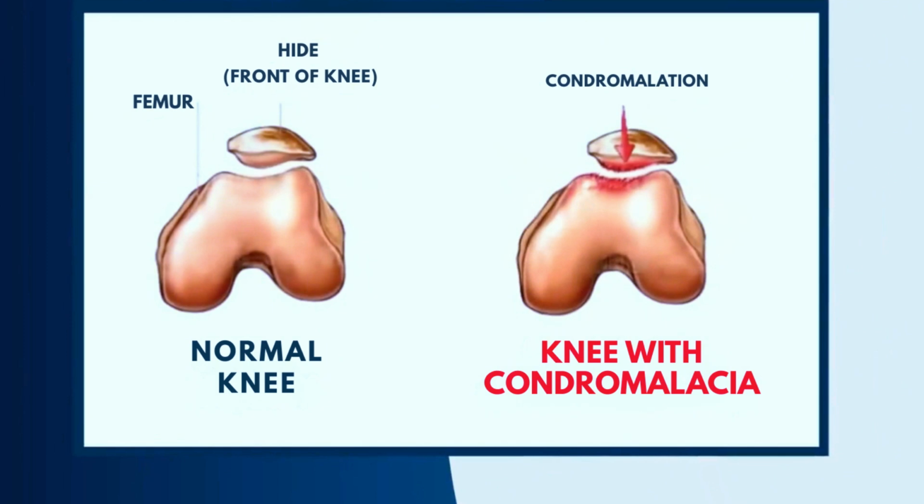Let's call it a track there on the femur, the thigh bone. The patella travels along a track while you extend and flex the knee. And if you have this postural deviation, while walking, running, or doing a squat exercise, when the patella goes off its axis, it starts to wear down.